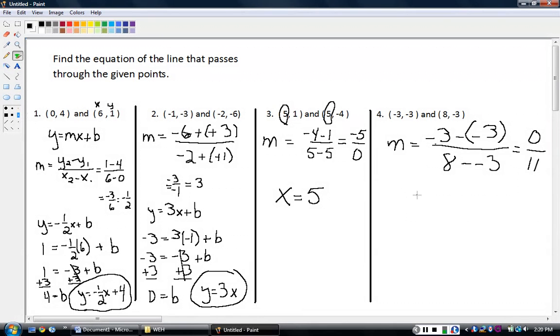So this has a slope of 0. So that's one of those horizontal lines. Remember that? That's a special case. And they always have a y equals equation, not mx plus b, because it's a constant. Right? You'll notice here that this also is an easy one. The two y values are the same. So if they're the same for those 2 points, they're going to be the same everywhere. And your answer is just y equals negative 3.